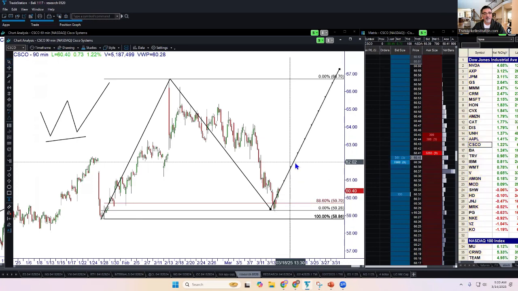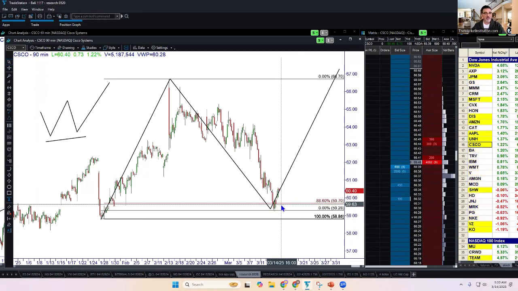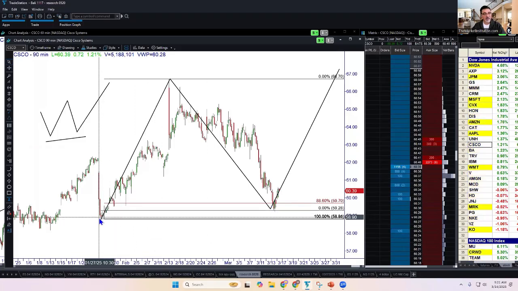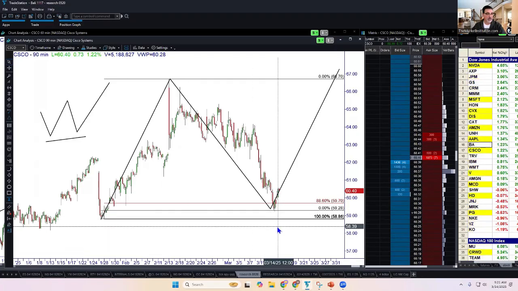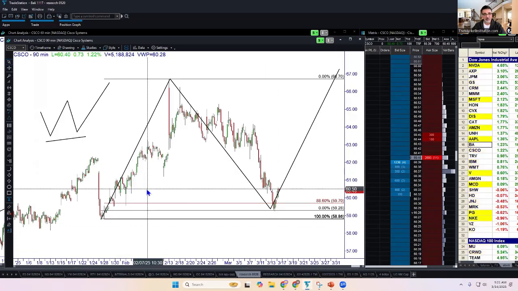See, the Fibonacci measurements come into play, but using the leg-base group of candles is what we're going to use to help identify the risk, our entry point, and our stop loss.